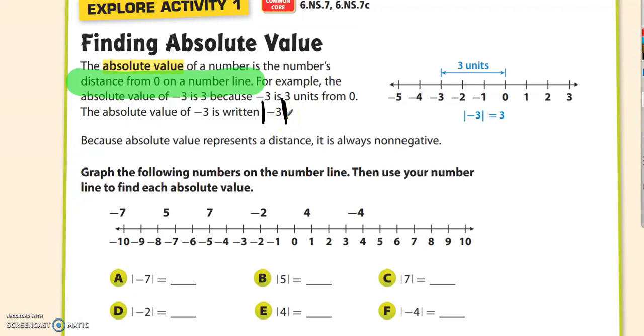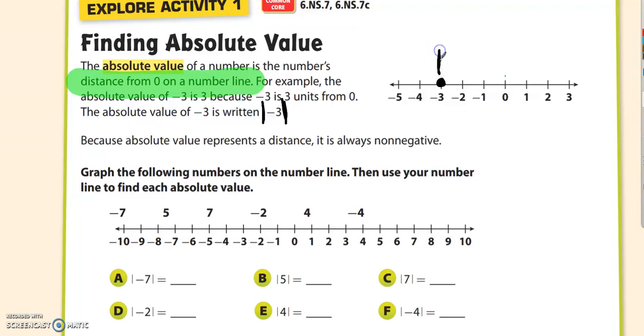So let me see if you understand what was just read to you. I'm going to go ahead and cover up some of this stuff right here. I'll bring this back in just a minute. All right. So let's pretend I verbally gave you the question, what is the absolute value of -3? Well, how you find the absolute value of -3 is you go find it on the number line. You put a dot right here, and then you ask yourself the question, what is the distance from this dot to 0?